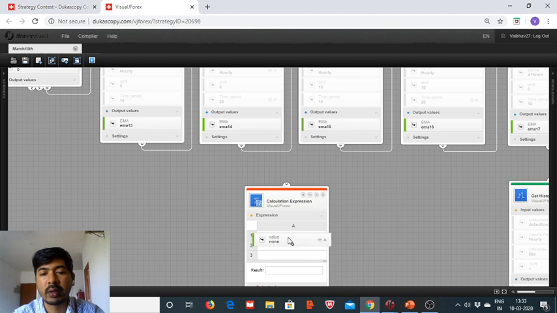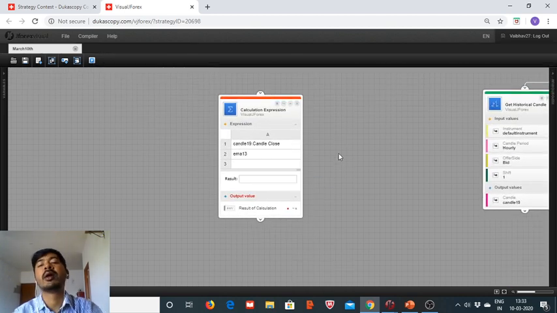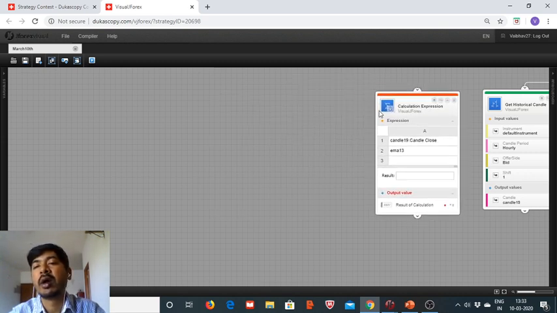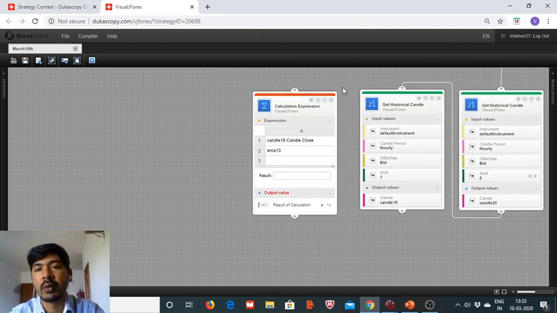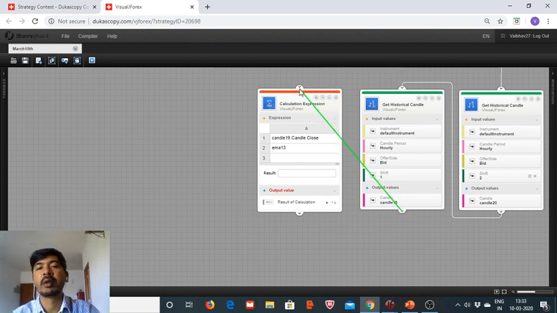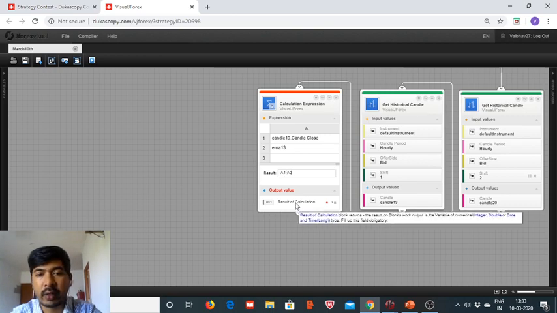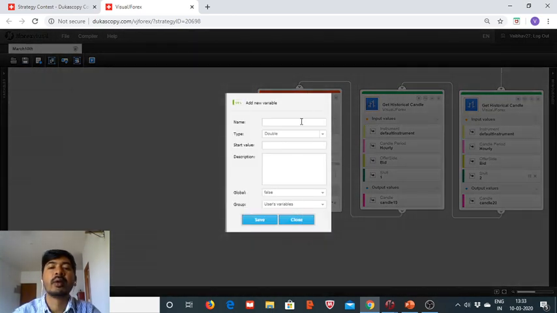We now deduct. So the candle 19 minus EMA 13, we will get the difference, how far the candle has closed from the exponential moving average price, and then we will define 15 pips, and we'll try to make sure that this difference is less than 15 pips. So A1 minus A2, and the difference of the result, we can call it ED.